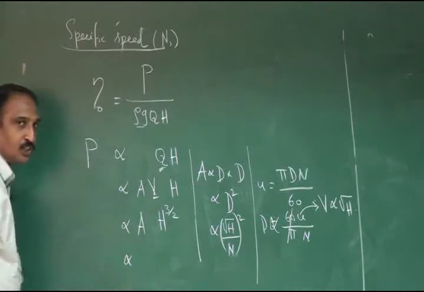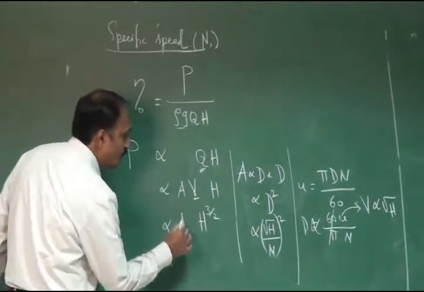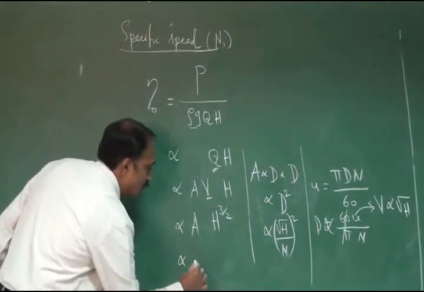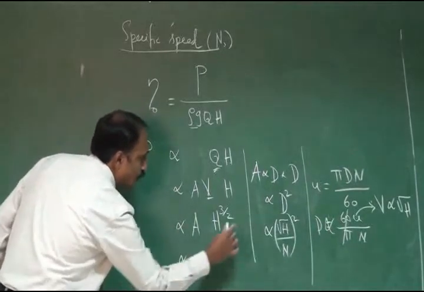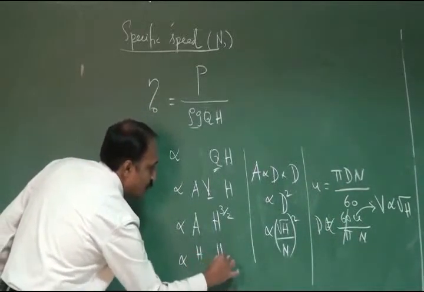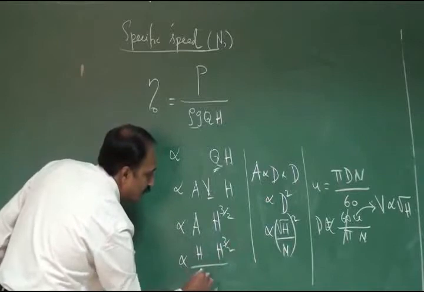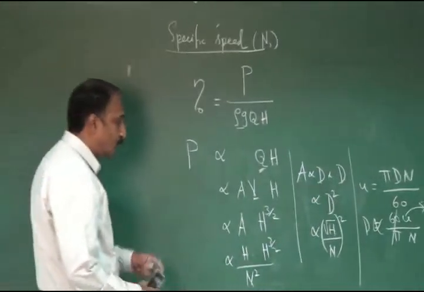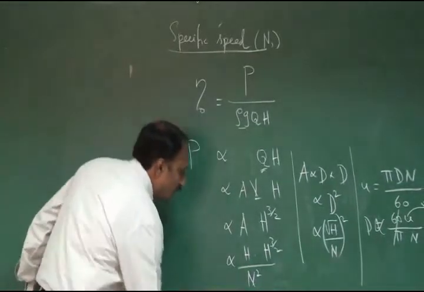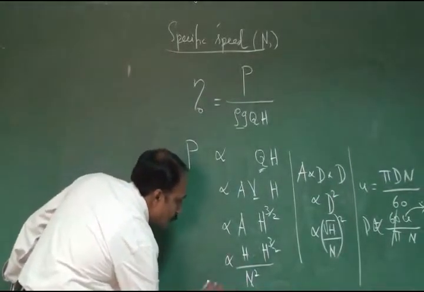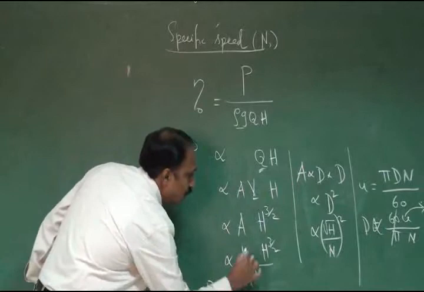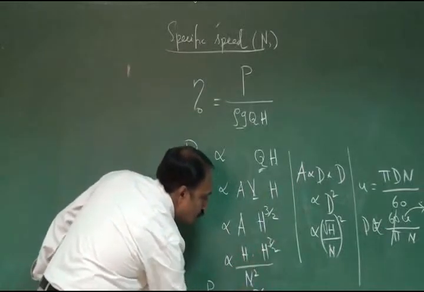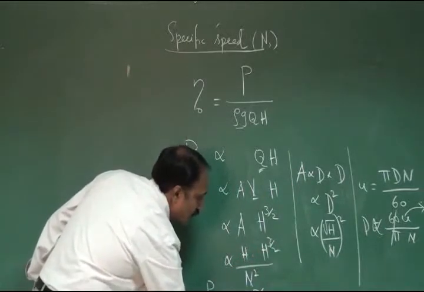So power is proportional to area, that is H (root H squared is H), again H power 3 by 2, divided by N square. Simplifying, power is proportional to H power 5 by 2 by N square.